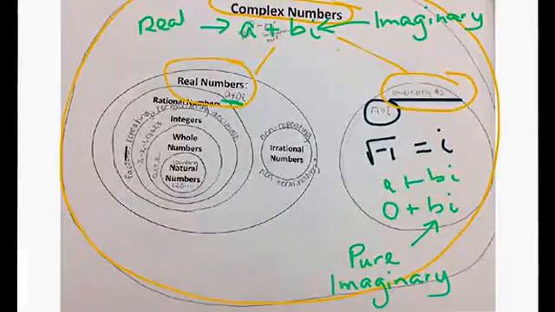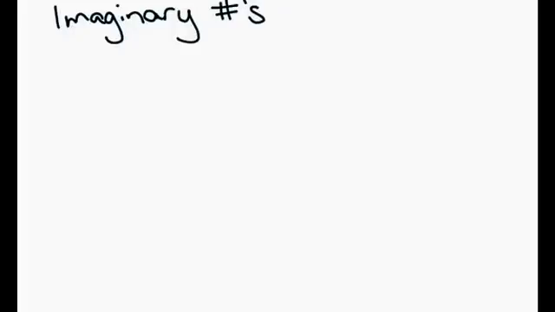All right, let's explore imaginary numbers. As we said before, i to the 1 equals the square root of negative 1. Anytime we need to deal with the square root of negative 1, we are just going to use an i.